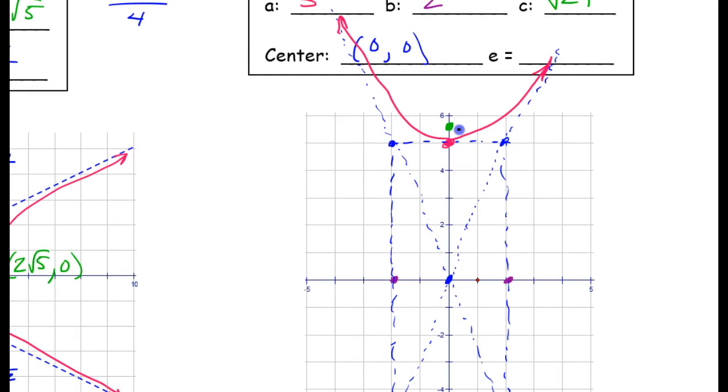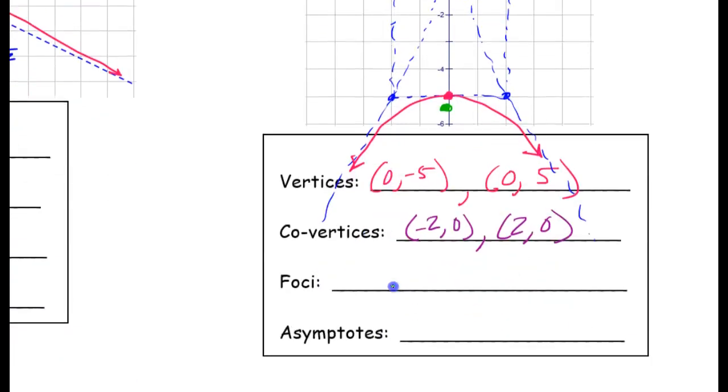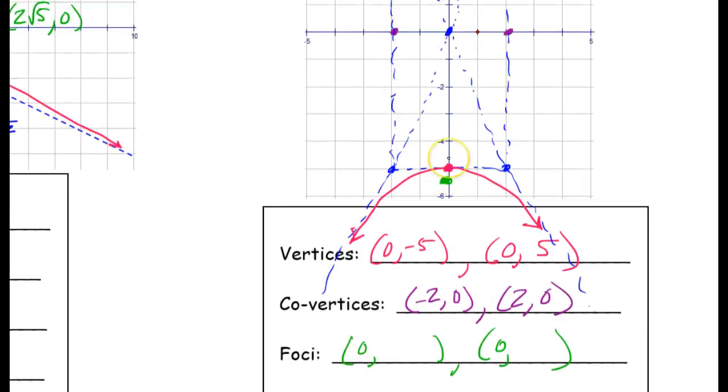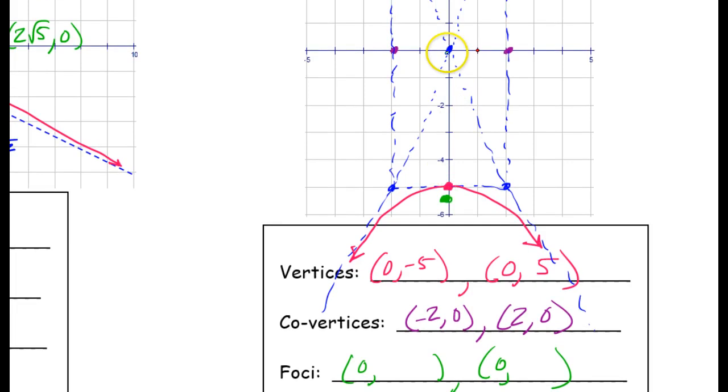So look, it's clear that the x-coordinate is going to be 0. It's sitting right on the y-axis. So I know that both of these foci are going to be 0, comma something, because they're both sitting on the y-axis. Now, for the y-coordinate, keep in mind that we started at a center of 0, and for this one I went down radical 29.